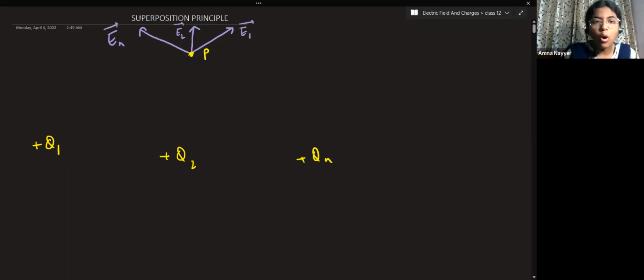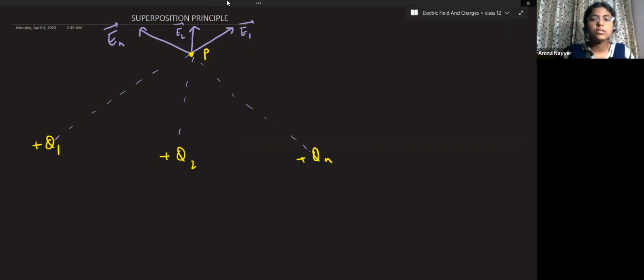This is the electric field generated for Q1, this for Q2, and this we have taken for Qn. So all the directions of electric fields are different. How do you get the net electric field? You have to add them vectorially, considering the parallelogram law and all the vector laws that you have studied in your 11th standard.